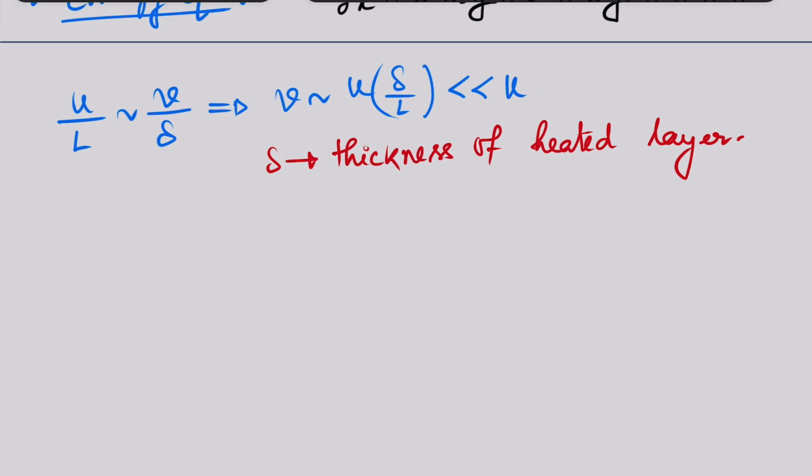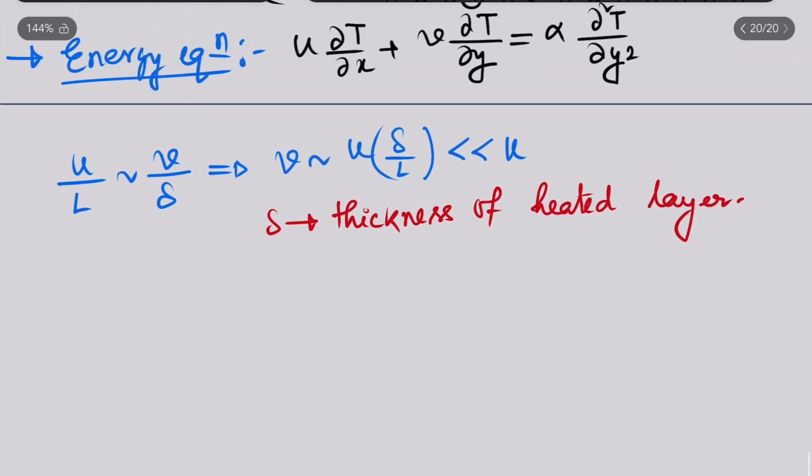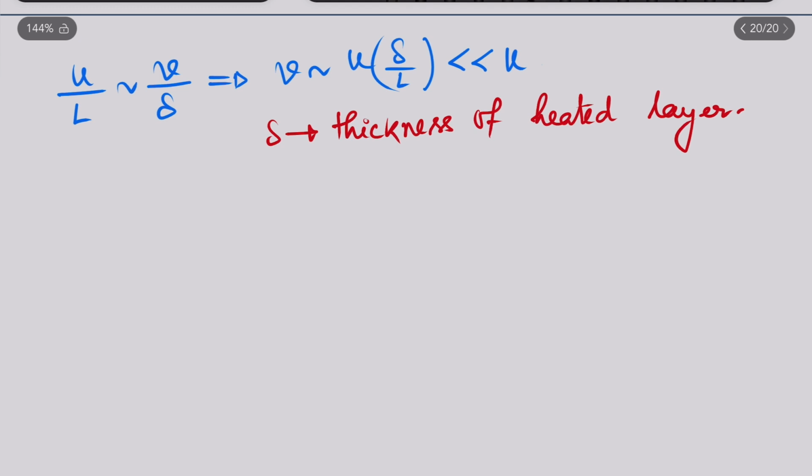Right now we don't know this delta by L, but here we will use the order of magnitude analysis to find the order of this delta by L. Why should we do that? I have already told you that we are doing the exact solution. So why do I need to find the order of magnitude of delta by L? The answer is because we now need to write the non-dimensionalized equations.